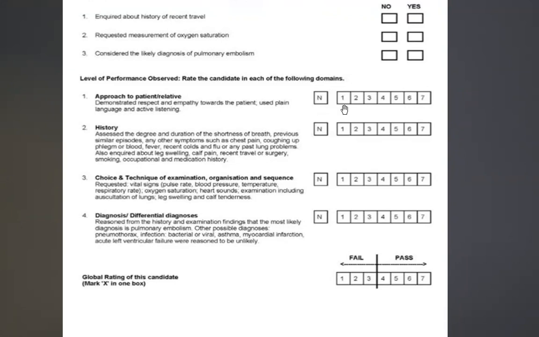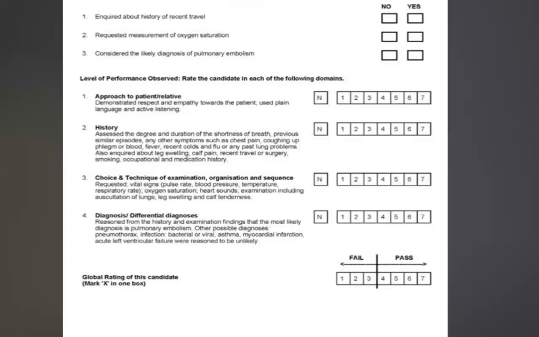A mark of 0, 1, 2, 3 means that our performance has been insufficient within that domain, and 4, 5, 6, 7 means that we have done a satisfactory performance within that domain. So the domains are different for each case, and usually there are 2 or more domains that we are assessed in.